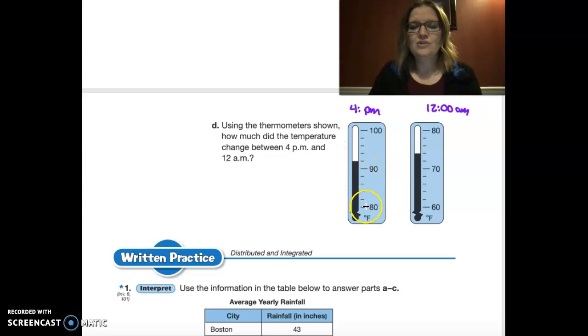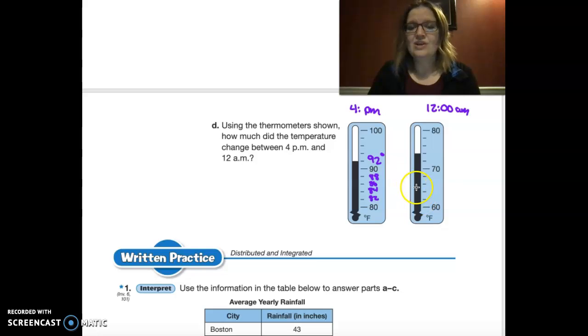So we first have to see the temperature here. We're going in degrees from 80 to 90, and with all of these tick marks, how many tick marks? 1, 2, 3, 4, 5. We're going up in increments of 2, so this would be 82, 84, 86, 88, and then 90, and we're up 1, so this temperature is 92 degrees.